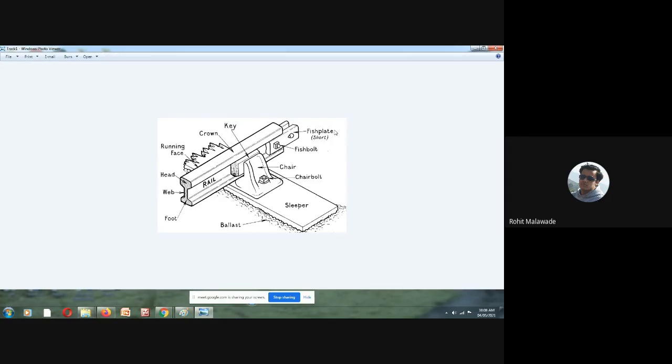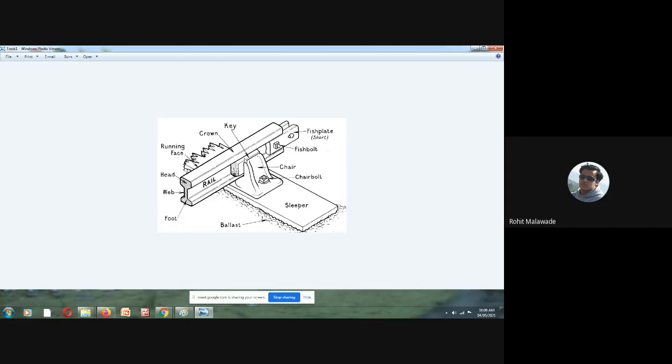Since there is opening and closing, again much pressure comes on the flanges. This is your flange, and this is also a flange. This is your web, this is your head and this is your foot. This we call a flange, and this is called a web. Pressure comes and there will be marking on the flanges and webs, and also the spike heads.